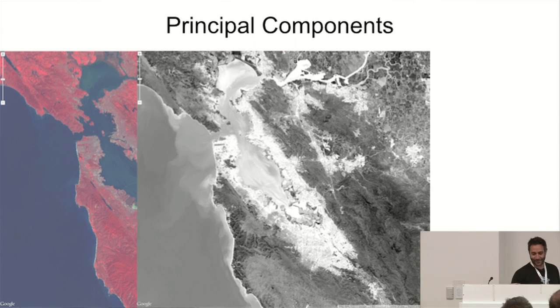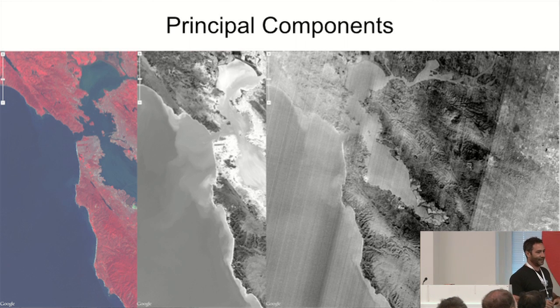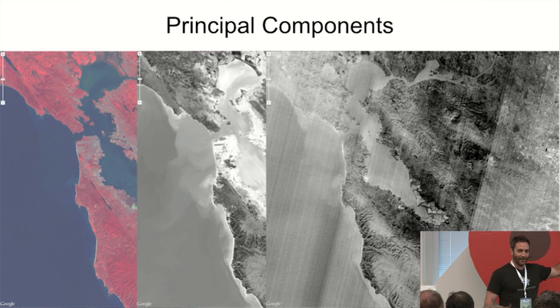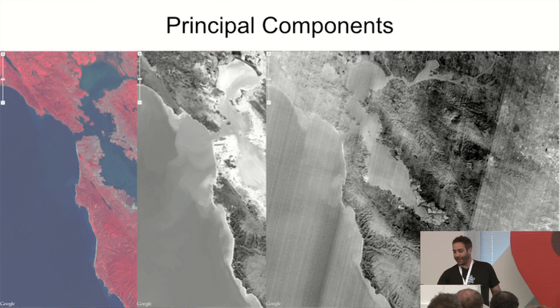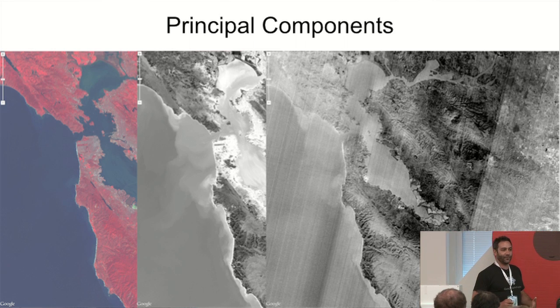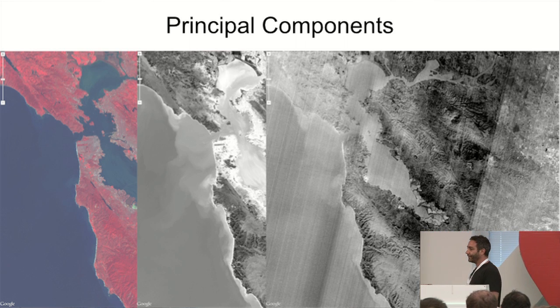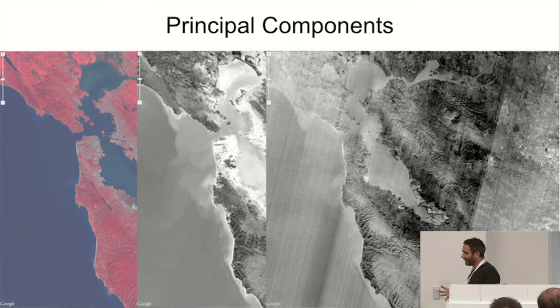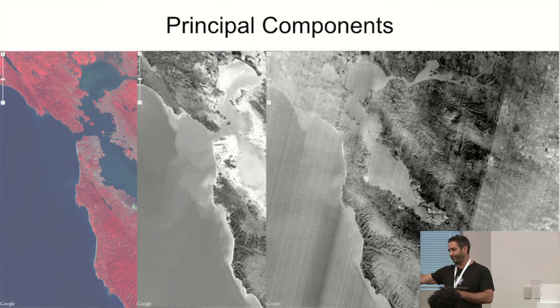But what's happening is that the variance is accumulated in the highest order principal components. And what you end up with at the end here is often noise. So if you have, for example, hyperspectral imagery, this is a good way to get out the 95% of the variance that you need in order to get your analysis done and just toss the rest.